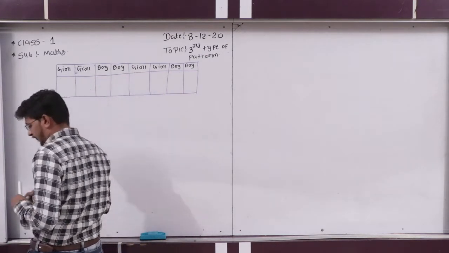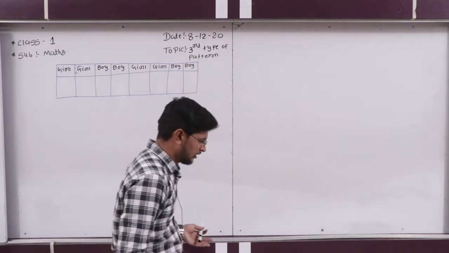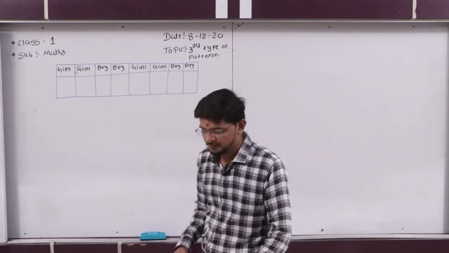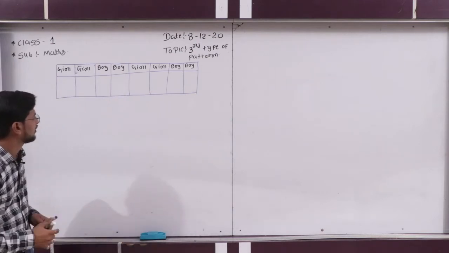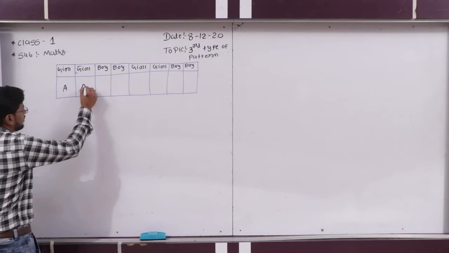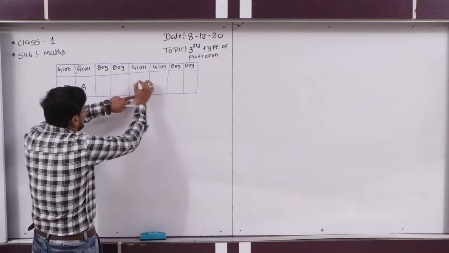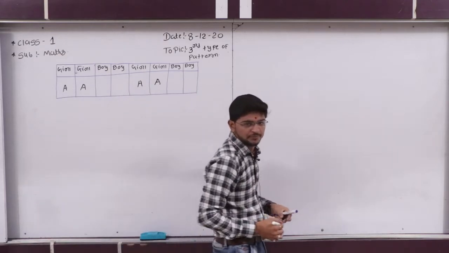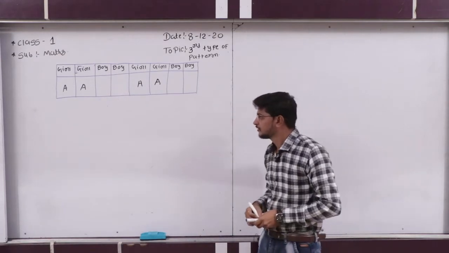Here we take A for every girl and B for a boy. So when you see girl in the table, write down A. Where is the next girl? Here, A. Now we take B for a boy.